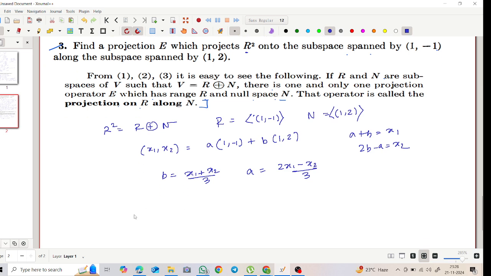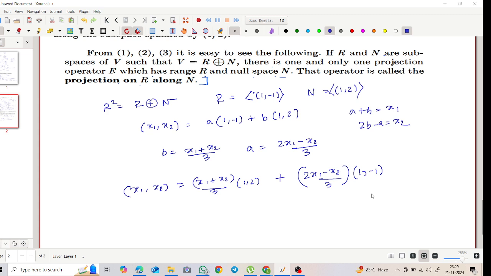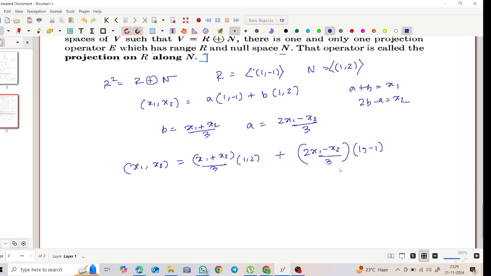Thus you get (x1, x2) equals (x1 plus x2) by 3 times (1, -2) plus (2x1 minus x2) by 3 times (1, -1). Okay, so that is your projection, right? So E(x1, x2) will be in this component.